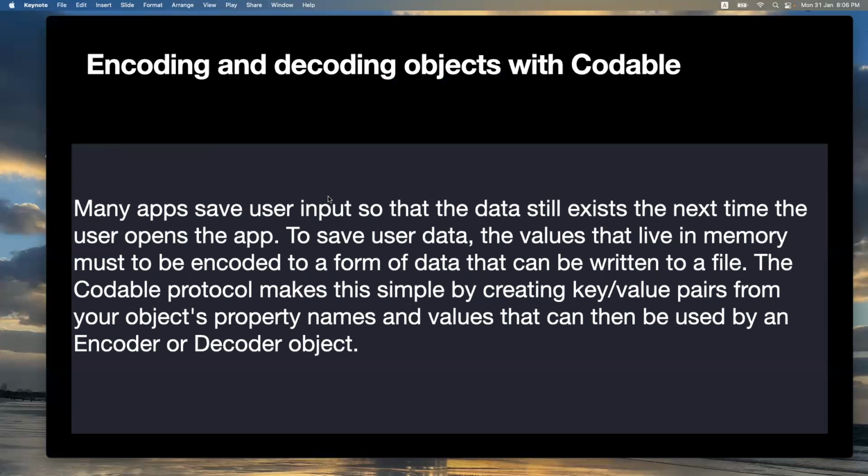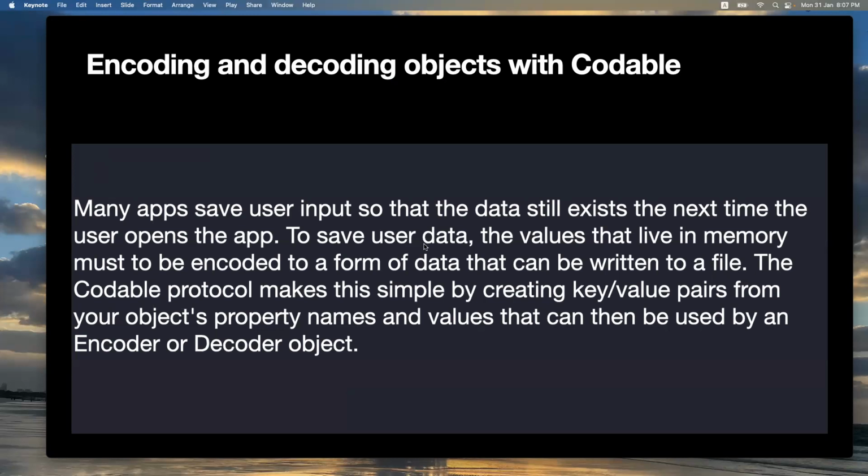The next topic I want to talk about is Codable. And this is the right spelling for Codable. In many situations, what you end up doing is that you create some data, and then you want to be able to save it in some sort of file, or read it from the internet and view it in plain text.